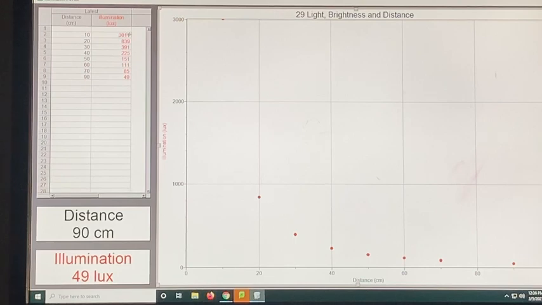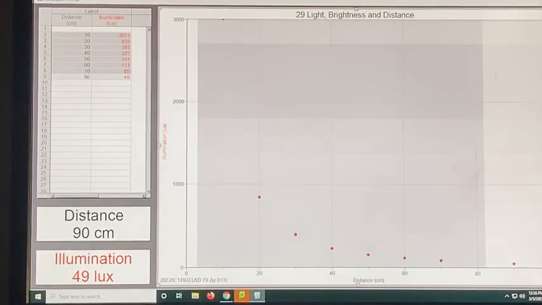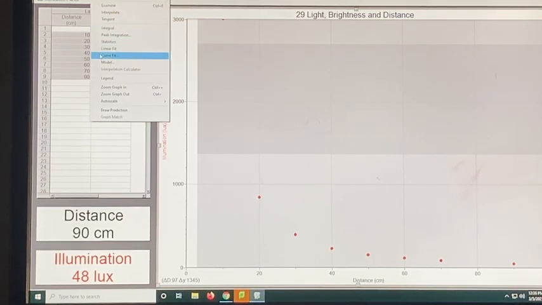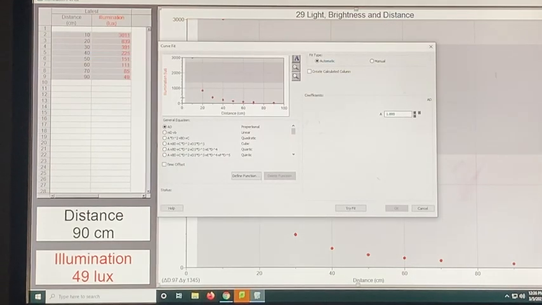So there's our points for all those: 3011, 839, 391, 225, 151, 111, 85, and 49. Now what we can do is try to fit this data with a curve fit. All right.